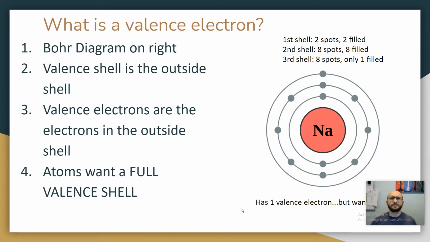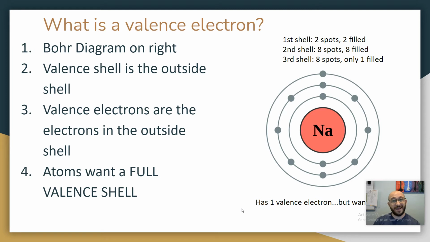But let's review a little bit about what a valence electron is, just to make sure that we understand why that might matter. So check out this Bohr diagram on the right. You can see this is for sodium. I got 2 electrons in the first shell, which is how many it can hold. We got 8 in the second shell, the maximum there. And then we got an 11th electron hanging out in that third shell.